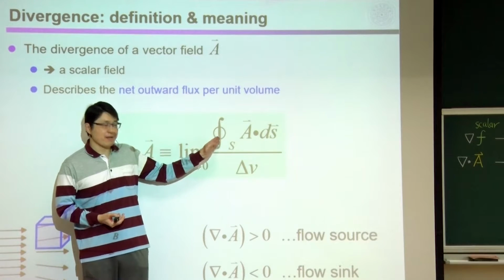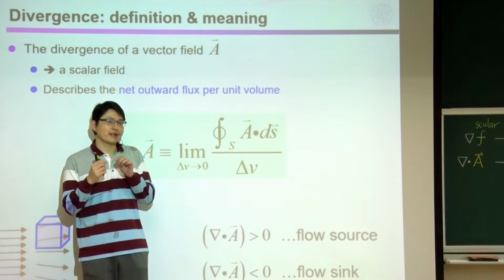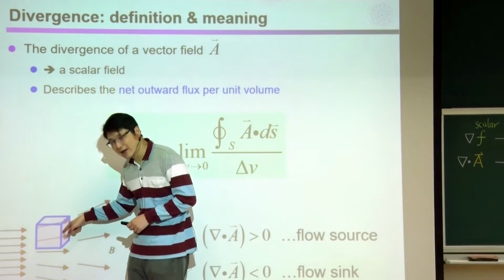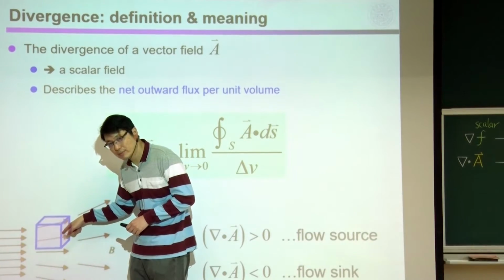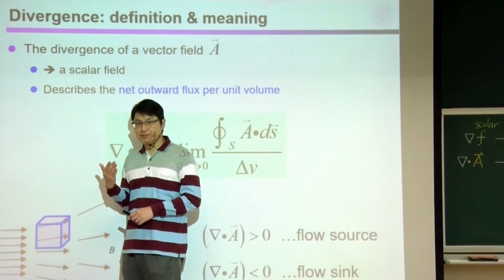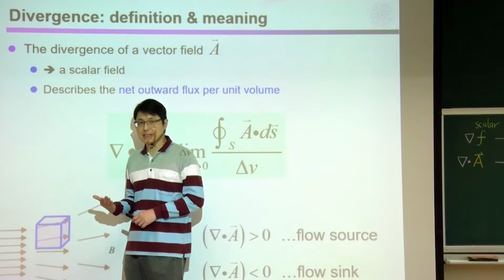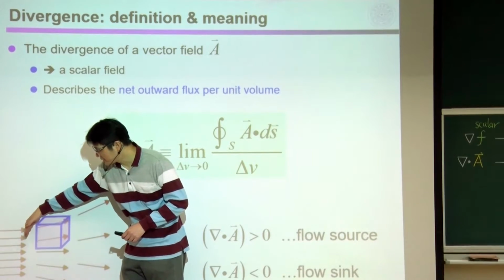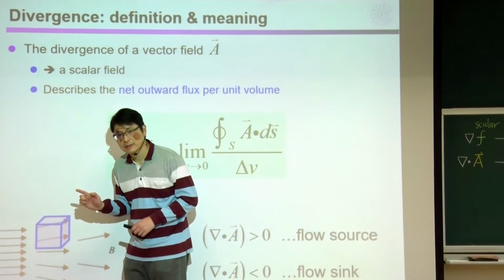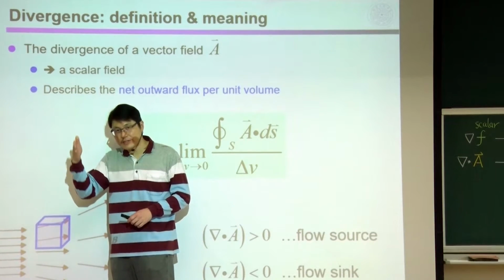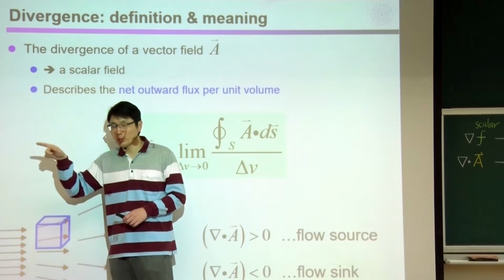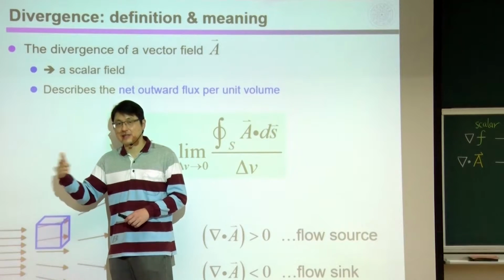So according to this definition, if I really want to calculate the divergence of A within that volume, I need to calculate all the outward flows or flux on all 6 sides. I calculate the flow for one surface, and then I have to add the outward flow for the second surface, and so on.